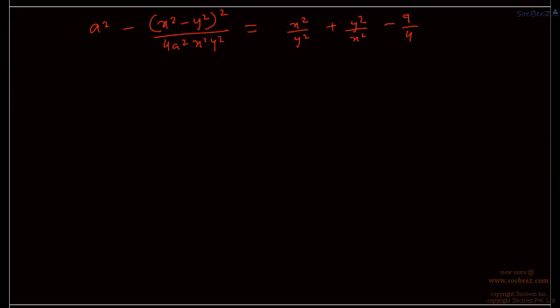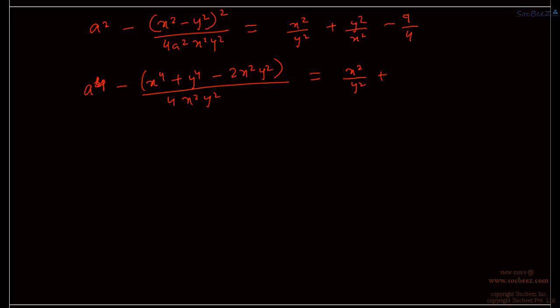Right? So a squared, we just multiply throughout by a squared, so I have a power 4, and then this is x power 4 plus y power 4 minus 2x squared y squared by 4 x squared y squared is equal to x squared plus y squared by x squared minus 9 by 4 into a squared.